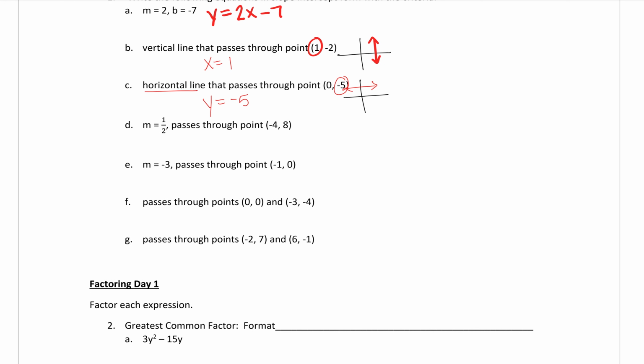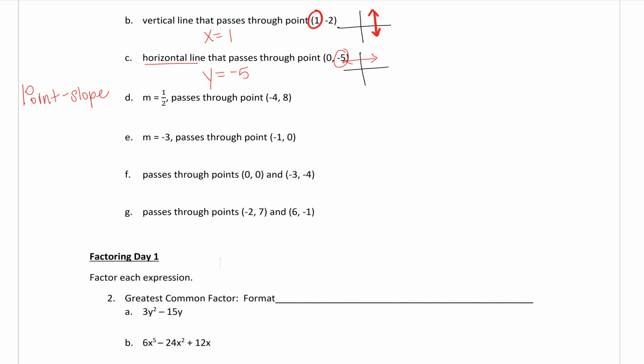All right, D, we're given a slope, and then we're given a point that it passes through. So the easiest method that I can tell you to use for problems like these is we're going to use the point slope form to solve these equations. And this is actually really quite simple.